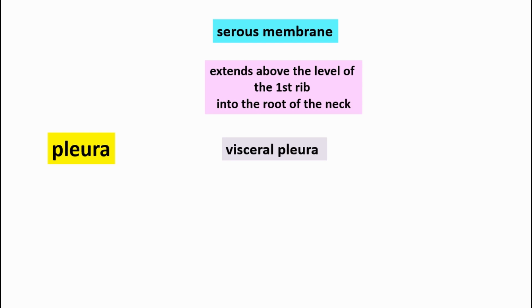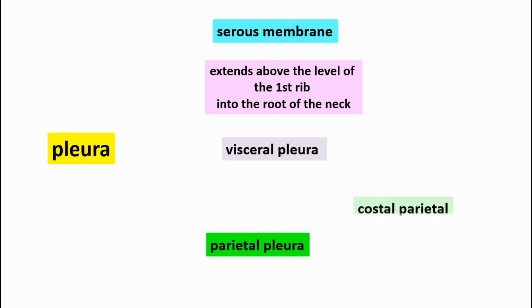Then we have the visceral pleura, the pleura that covers the lung itself, and we have parietal pleura, pleura that covers parts of the chest wall and whatever makes a wall or any part of the pleural cavity on the sides of the mediastinum.